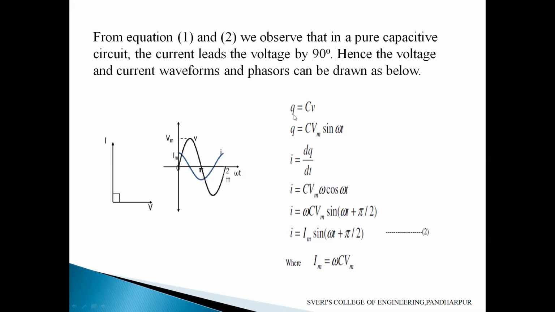Write this one. We know that Q equals CV. So Q equals C Vm sin omega t.